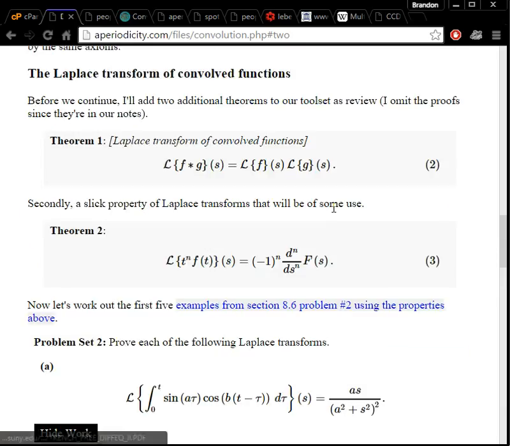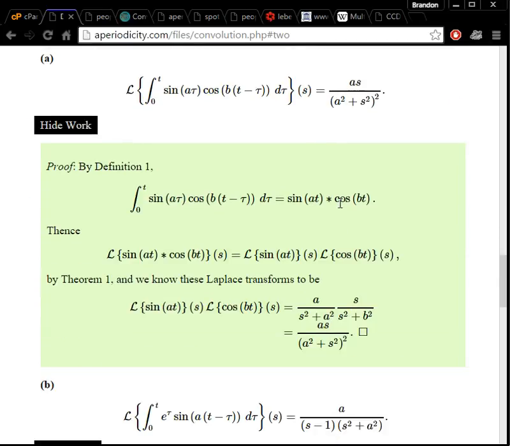And since we know by theorem 1 that the Laplace transform of a convolution is equal to the product of the Laplace transforms, as I've written in this step, we can take the Laplace transforms of both of the functions and then multiply them together.